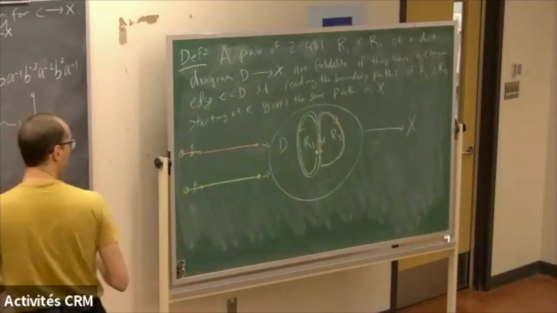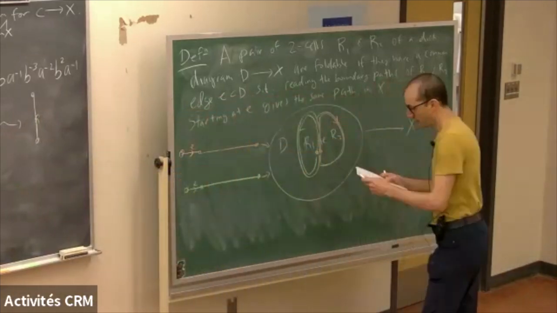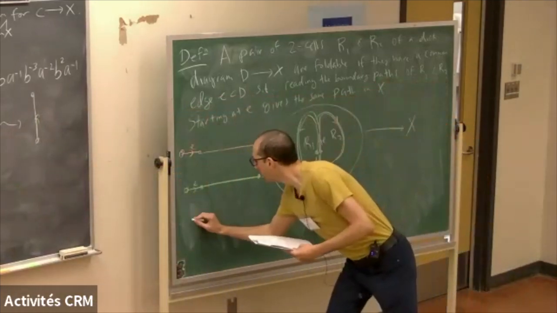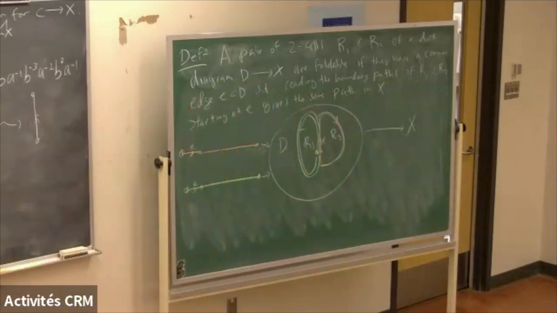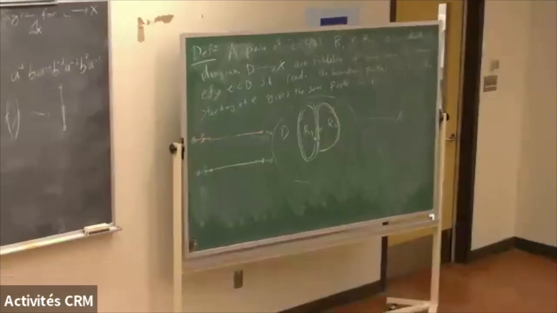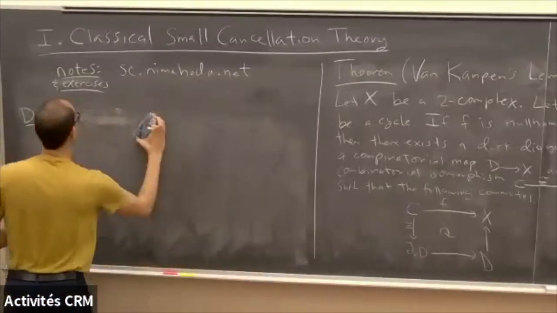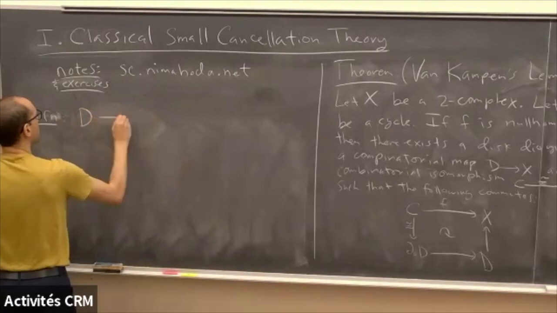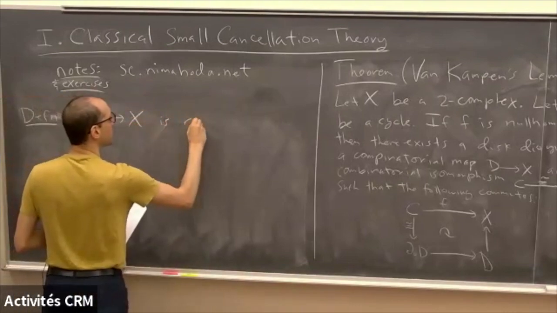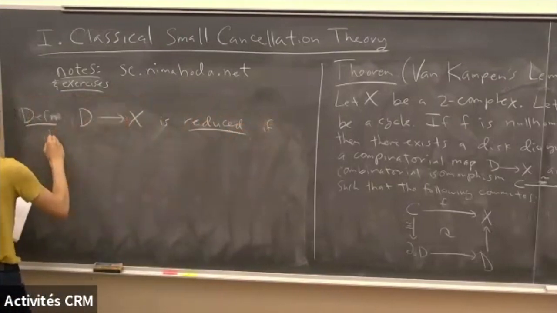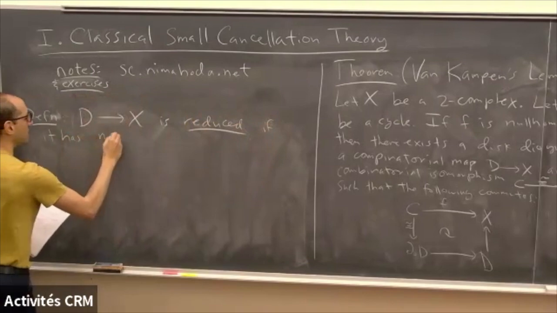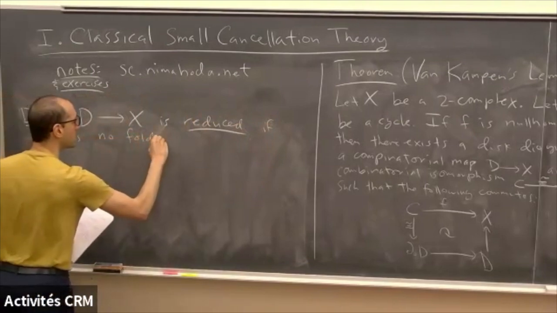Okay. So let me say what it means for a disk diagram to be reduced. A disk diagram in X is reduced if it has no foldable pairs.